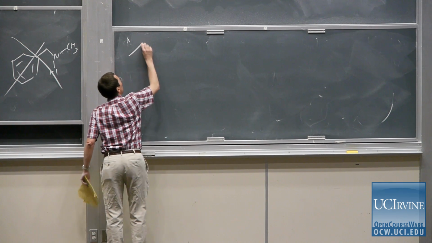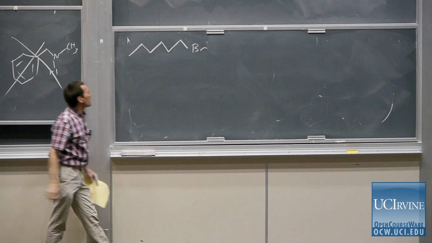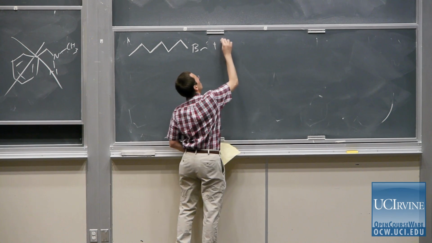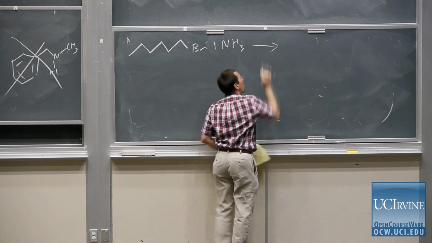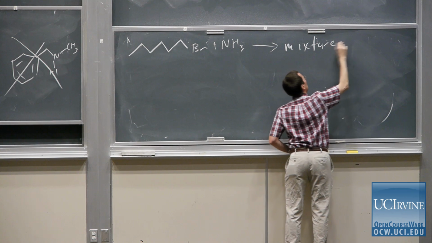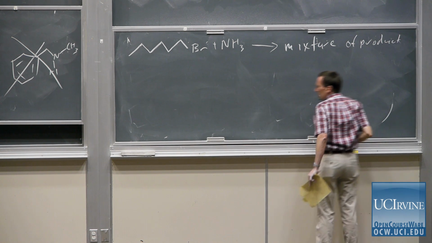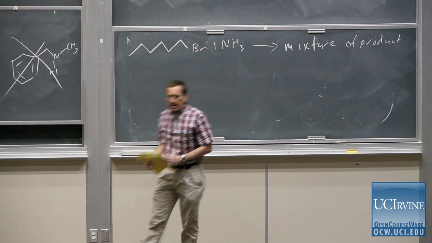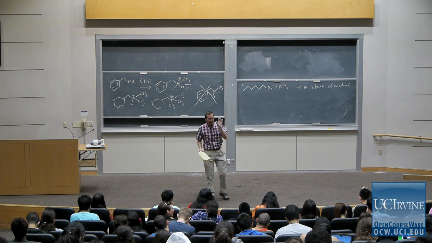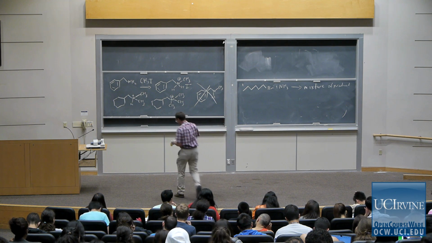So imagine for a moment that I wanted to do an SN2 reaction. Imagine for a moment that I had hexyl bromide, and I wanted to treat it with ammonia. And I've already said on the previous blackboard, I get a mixture of products. The solution that chemists have developed is to take away the nucleophilicity of the amine after it's done the alkylation, to make it so that it's no longer nucleophilic.